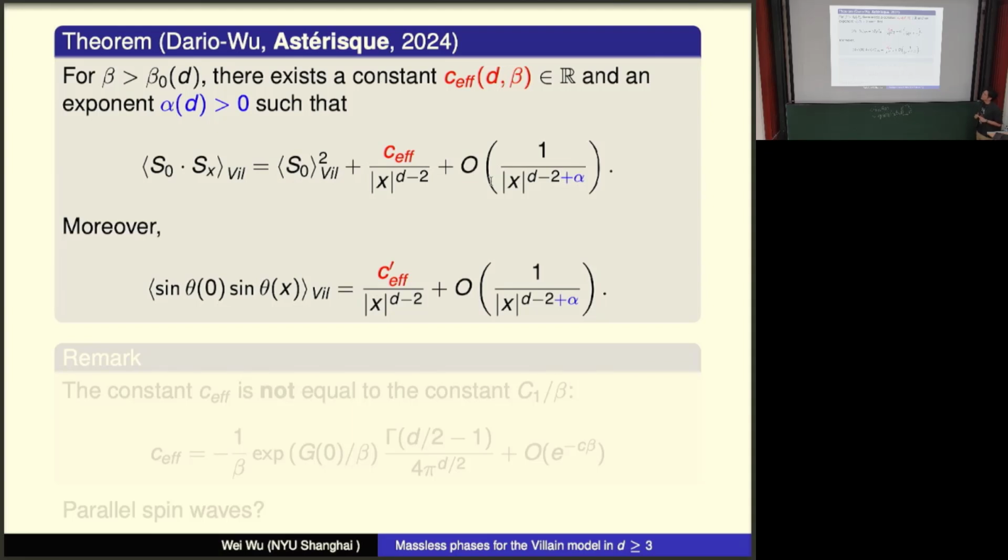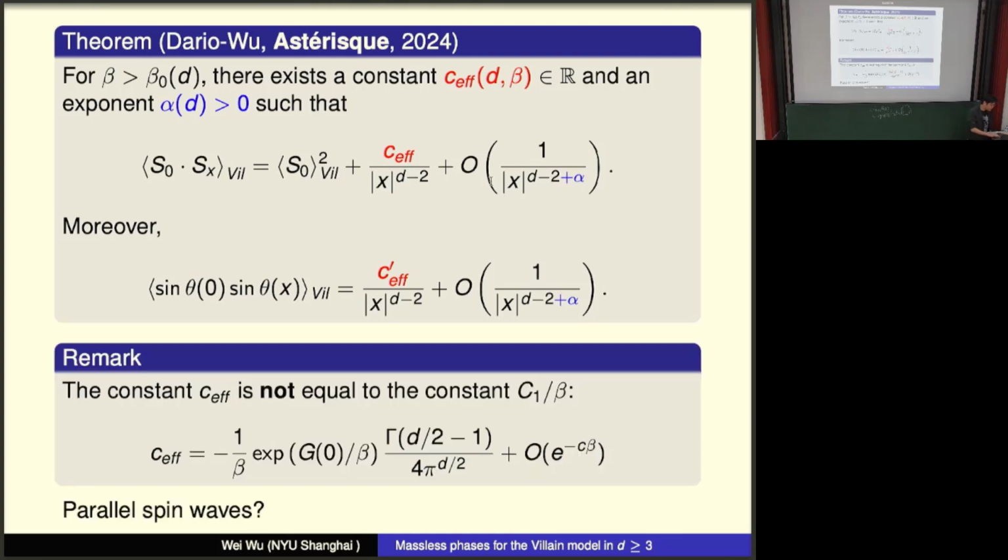And moreover, we also studied the transversal spin wave, as we discussed in the earlier slide. We showed that the transversal spin wave is like a constant over x to the d minus 2 plus a lower order correction. The constant here is different from the one you can obtain from the Gaussian, but it's a small correction, a very small difference of order e to the minus beta, when beta is big.